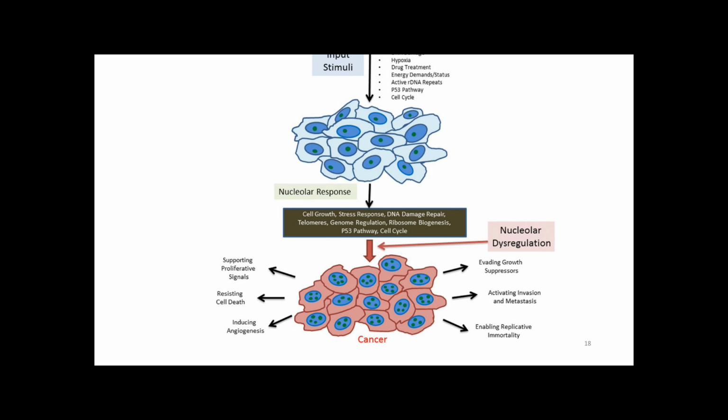Now the mutation has happened due to the input stimuli, so the cell is automatically resistant to cell death. Automatically it will grow and increase the number of cells. That is why we can also see abnormal cells in our smear. And inducing angiogenesis, increasing blood supply. Another one is avoiding the cell growth suppressors. So what happened?